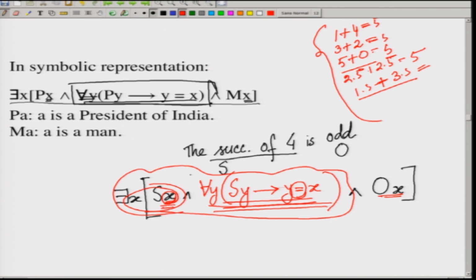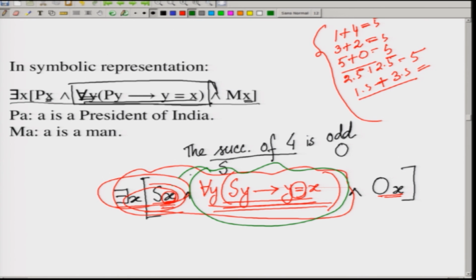So, this part associated with x is ensuring that x exists, and this part assures that we are talking about a unique x, right. So, as I said, this changed the very understanding of logic in the early 20th century.